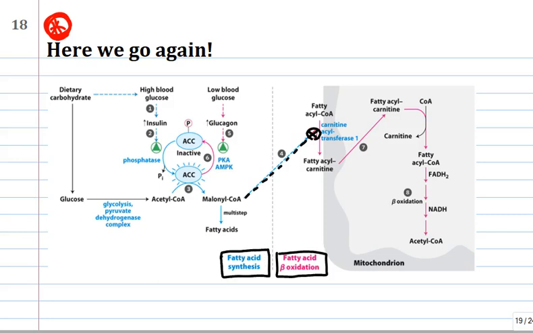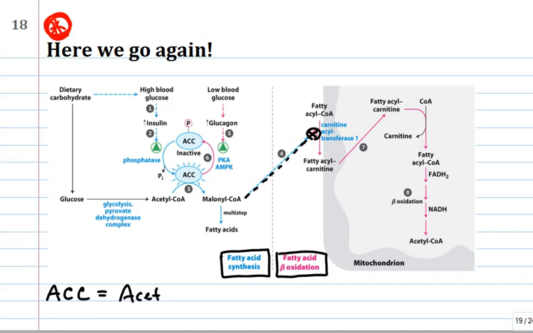So we're not going to go into great detail about it, but we are going to go into a little bit of detail to understand this dual regulation. So the major player in this regulatory scheme on page 18 is an enzyme called ACC. And that's not the Atlantic Coast Conference for you basketball fans.